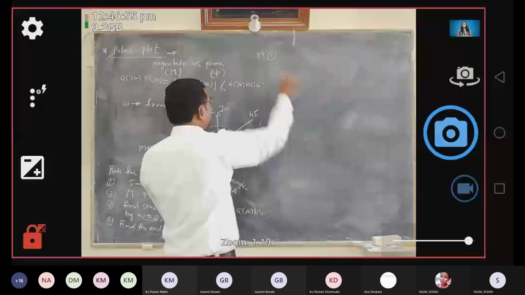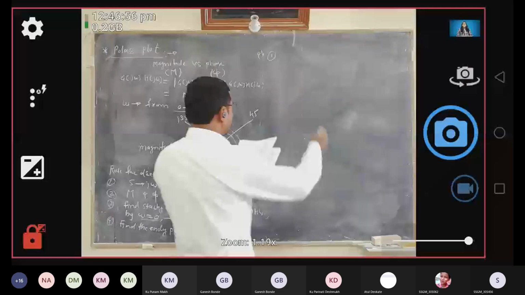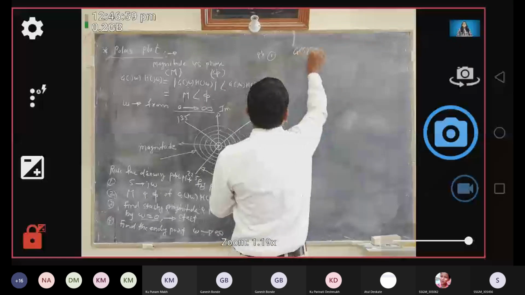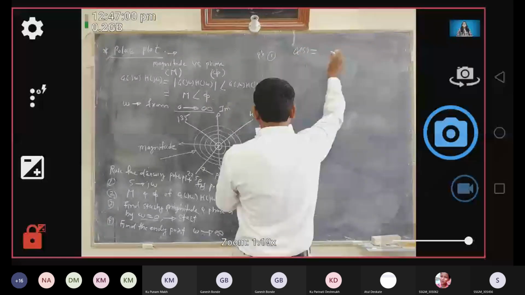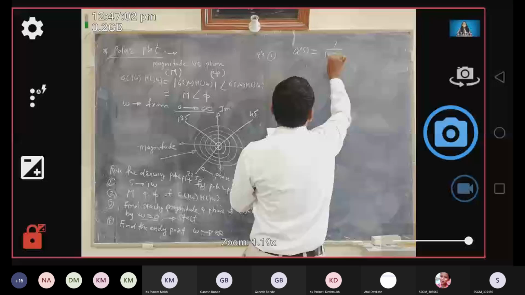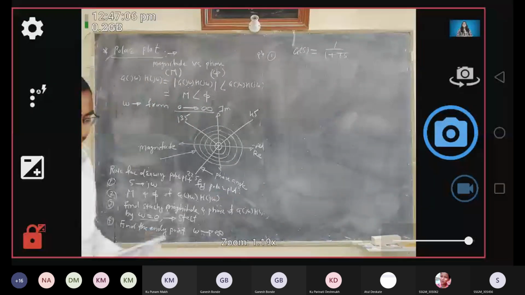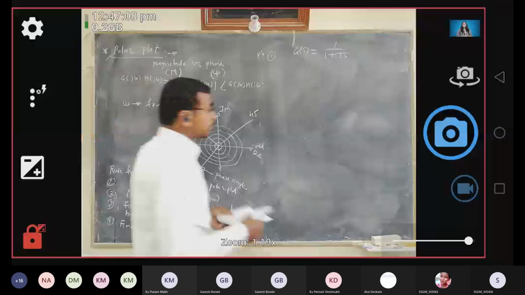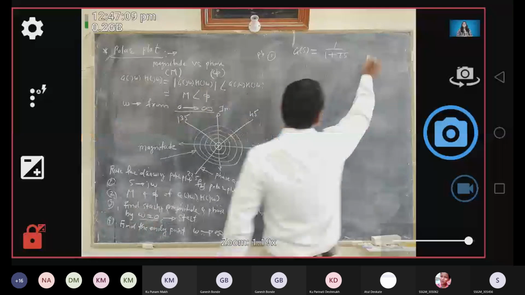Write down problem 1. Draw the polar plot for G of S is equal to 1 upon 1 plus TS. Let's say the value of T is equal to 1.